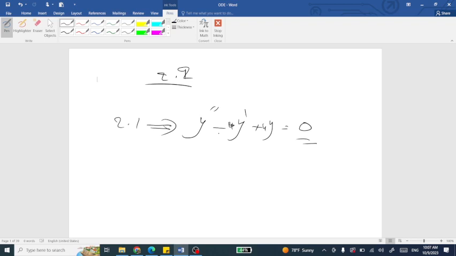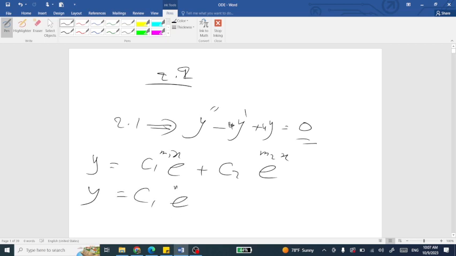Maybe y equal to C1 e to the m1 x plus C2 e to the m2 x. Or maybe they are equal. In that case, we write C1 e to the m1 x plus C2 x e to the m1 x. Why m1? Because m1 and m2 are both equal.